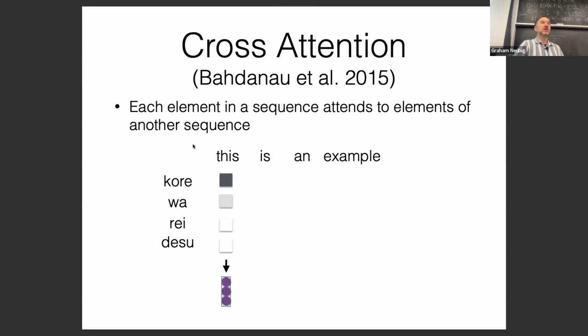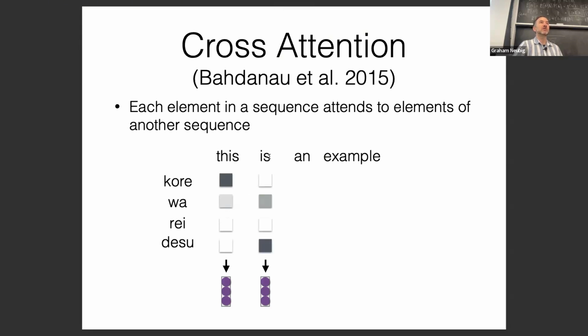So if this is our input here, it's a Japanese sentence, and we want to generate the word this, we will want to focus on the Japanese word that corresponds to the word this. So this was the Japanese word that means this. And so what we would do is we would take the encoded vectors for all of these, and we would turn this into a single vector here.